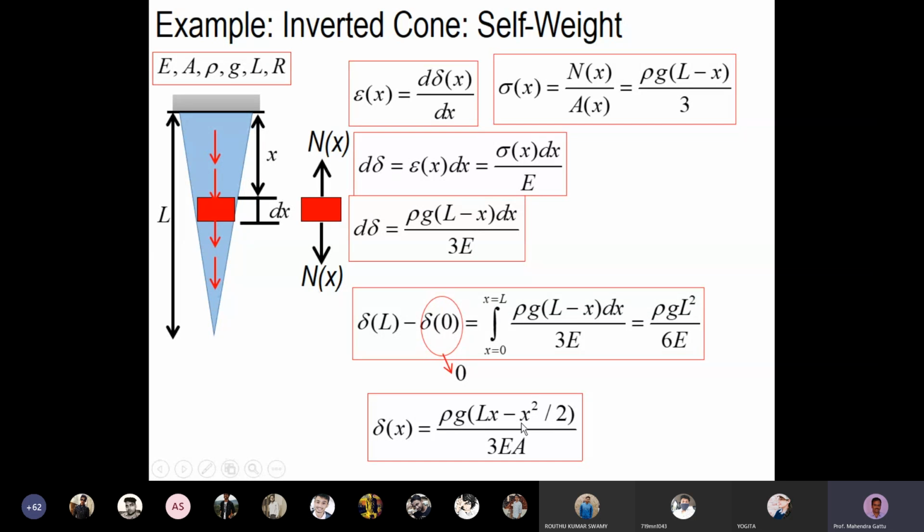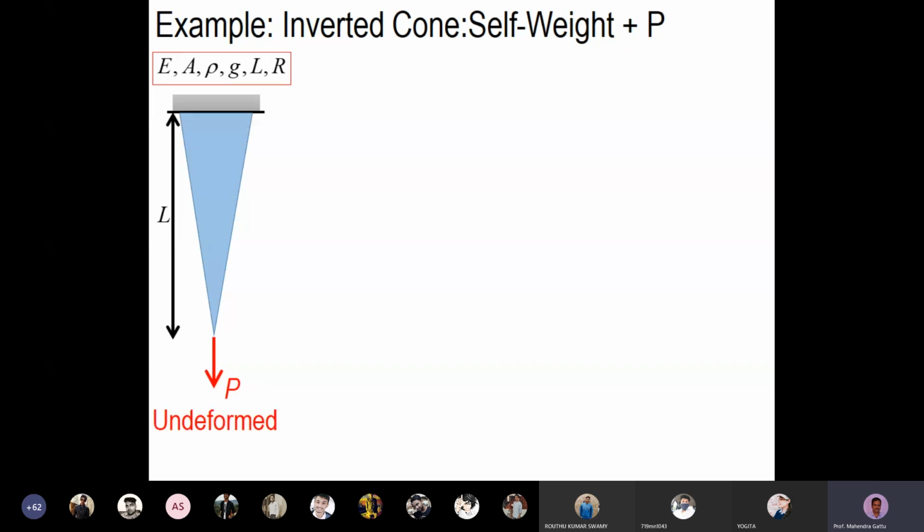So as a homework problem, you can solve this problem, where we have a cone with an external load P, or a cone with self weight. Here in this problem, I didn't show the body force, but this is a problem with a cone with self weight.